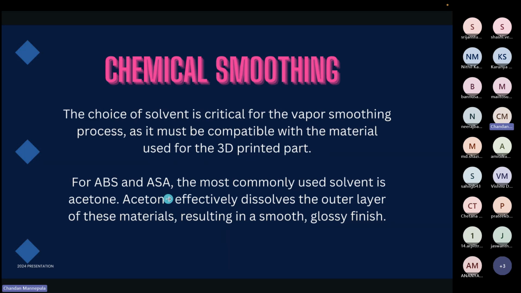Acrylonitrile styrene acrylate, yes, it's correct. For ABS and ASA, the most commonly used solvent is acetone. Acetone effectively dissolves the outer layer of these materials, resulting in a smooth and glossy finish.